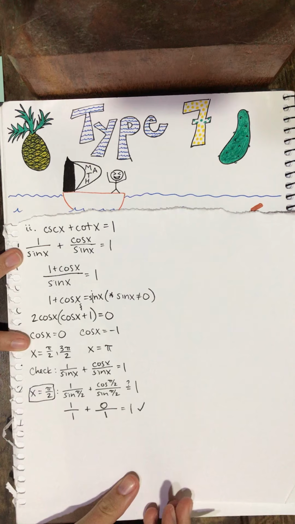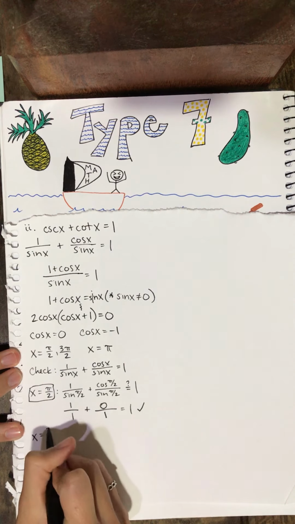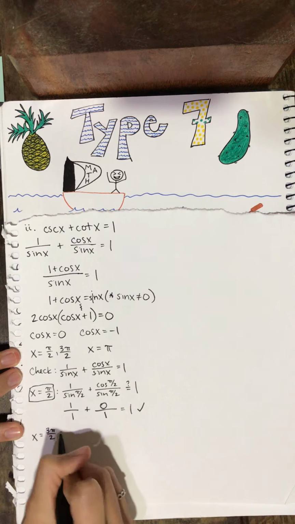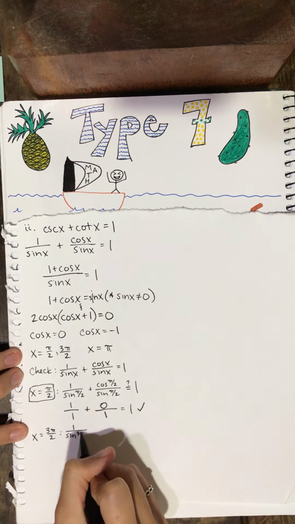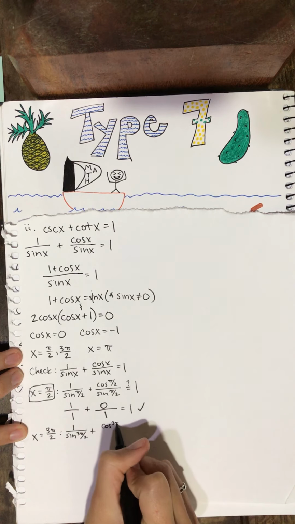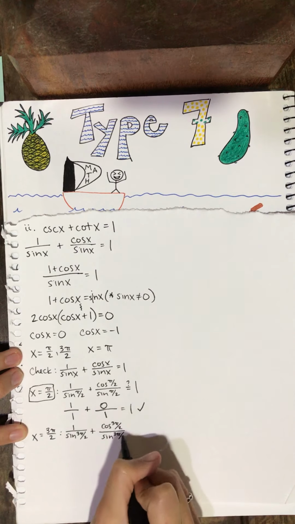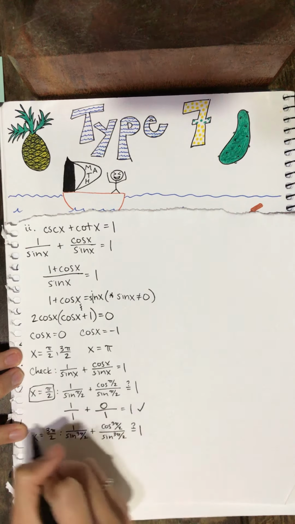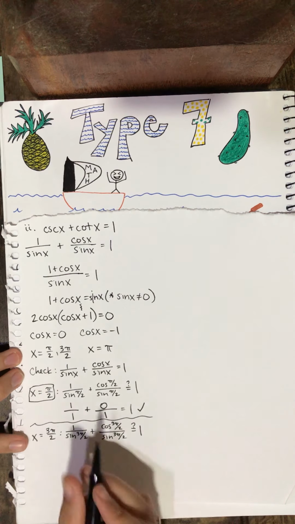It works. Okay? Let's try 3 pi over 2. So we're going to have 1 over sine of 3 pi over 2 plus cosine of 3 pi over 2 over sine of 3 pi over 2. We want to know, does that equal 1? Sine of 3 pi over 2 is negative 1.